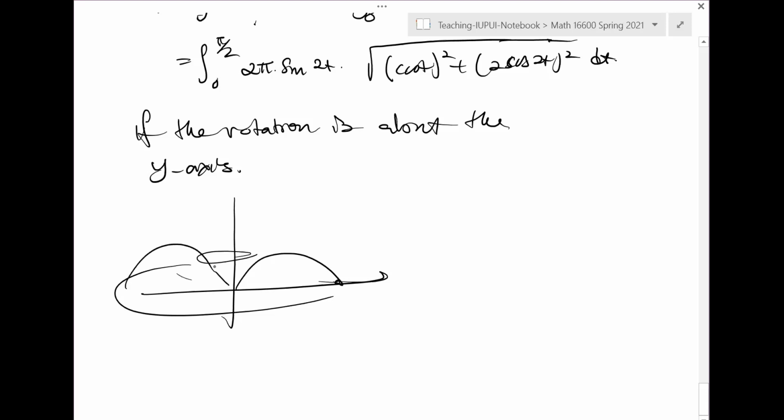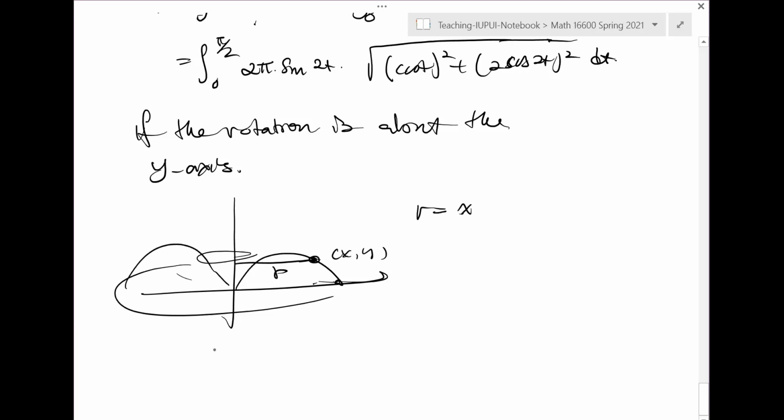How do you set up the integral? I don't want to see just an integral here. I want you to take an arbitrary point, x and y, and this is my radius. So the radius is clearly going to be x. That's all we need.